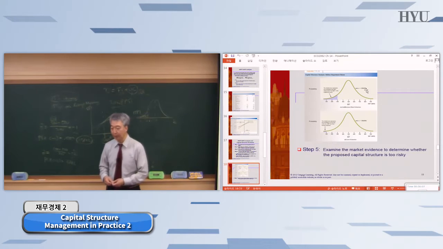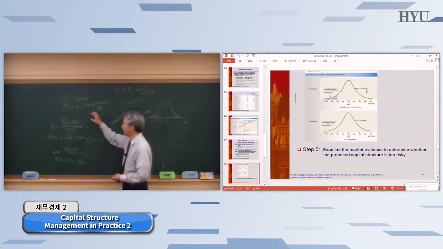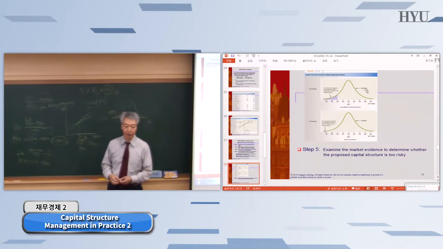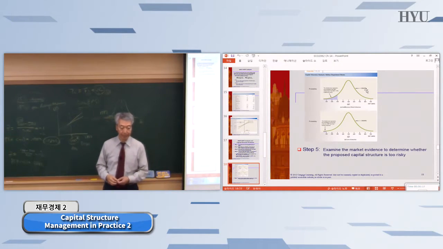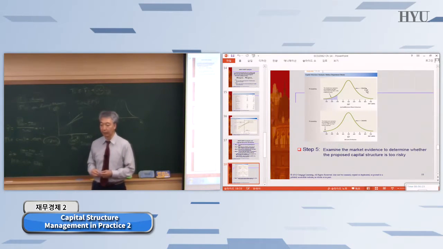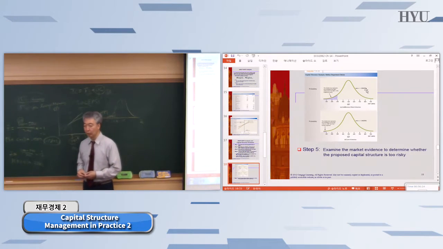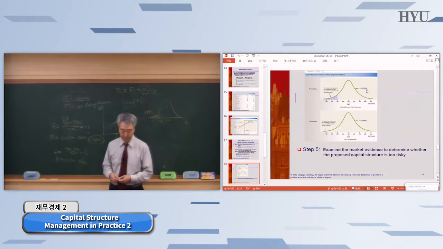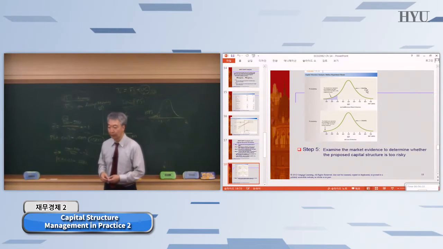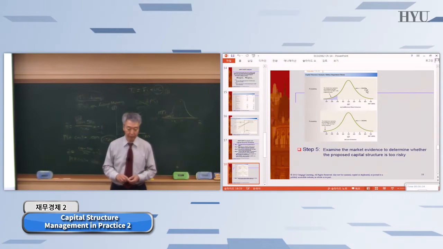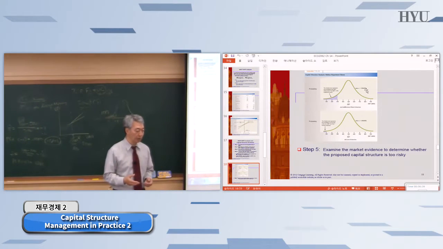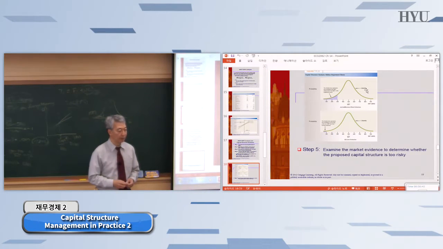So what that means is even when the proposed project passes the scrutiny or evaluation, you also need to consider some other factors like market condition, or market evidence, right? In other words, as I mentioned, they find out that if they go ahead with this new project, their debt equity ratio is going to increase by 30%, right?